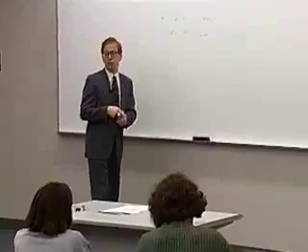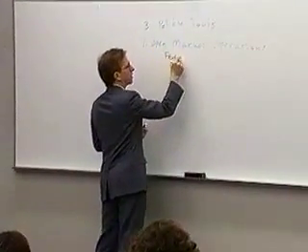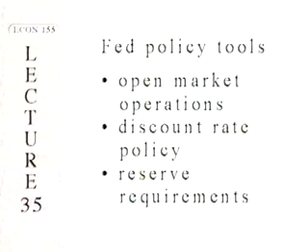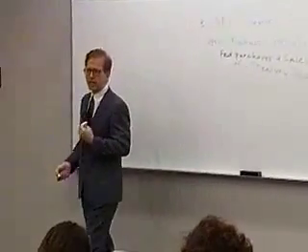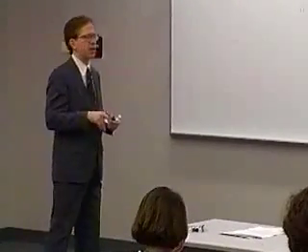The Federal Reserve does the buying and selling. If you'll remember, this is the technique the Federal Reserve uses to get money into the economy or to drain money out of the economy.